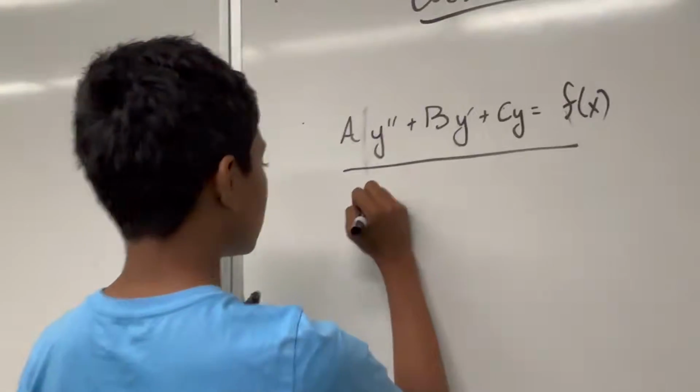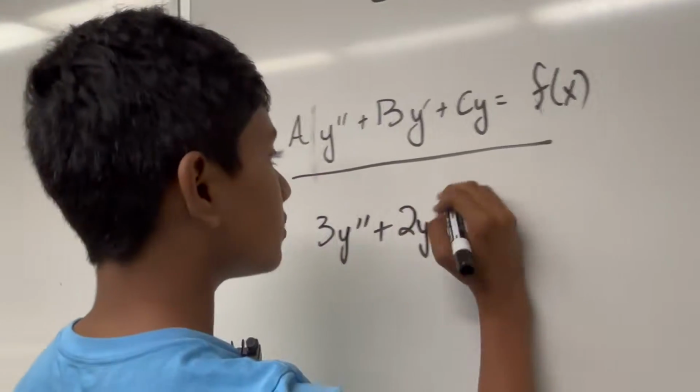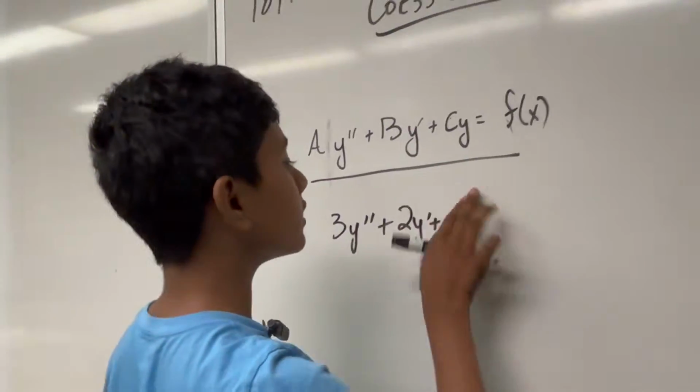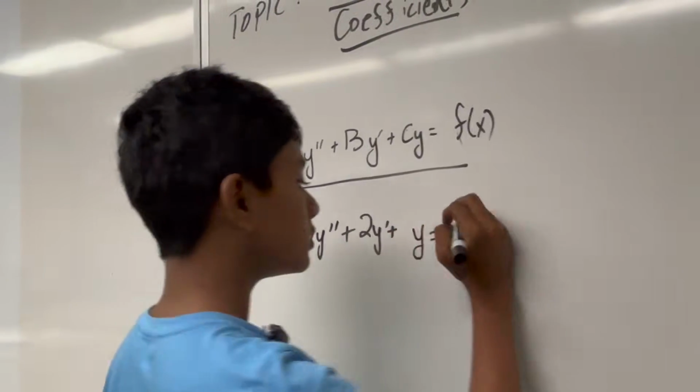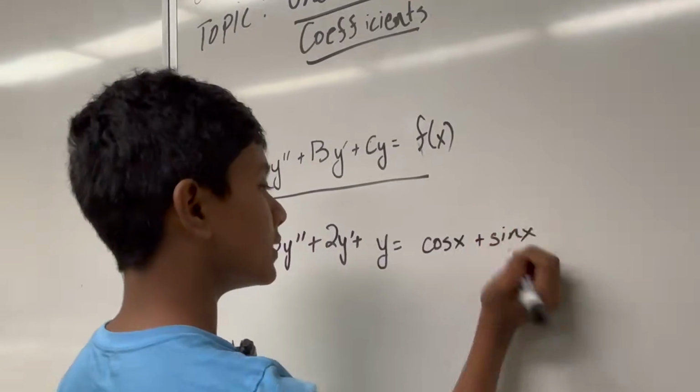What if 3y prime prime plus 2y prime plus 1y, or just y, is equal to cosine x plus sine x? What do we do in this situation? Well, let's think about it.